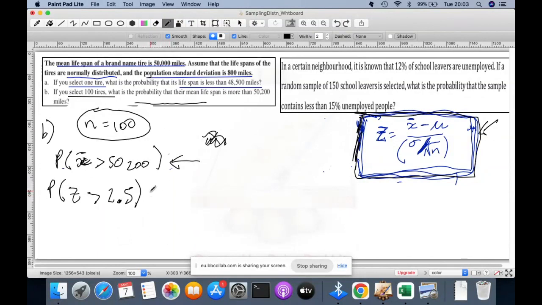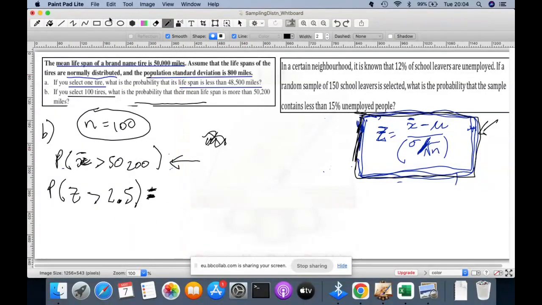Give it a shot. I don't really care if you get it right or wrong. I would like you to get it right, but if you get it wrong, that is actually where you learn. You need to try, because you're going to have to do this in your exam. So now's the time to do it. And if you get it wrong, at least I'm here to show you where you're going wrong. So please work this probability out for me.